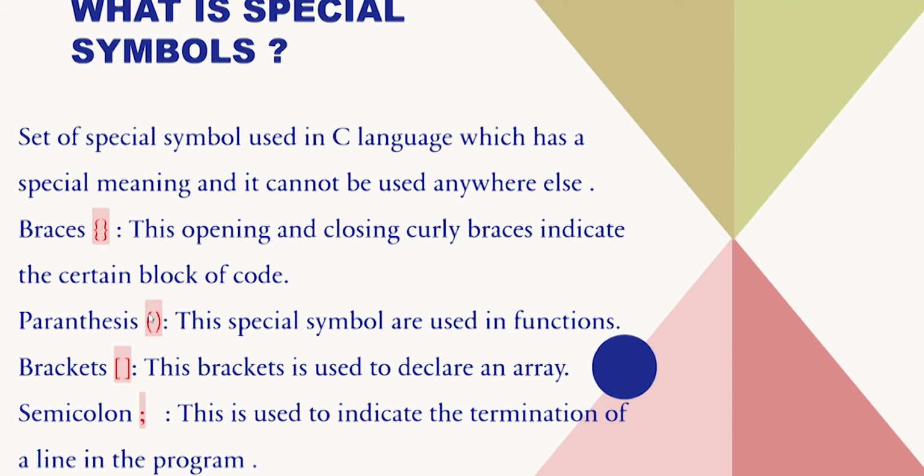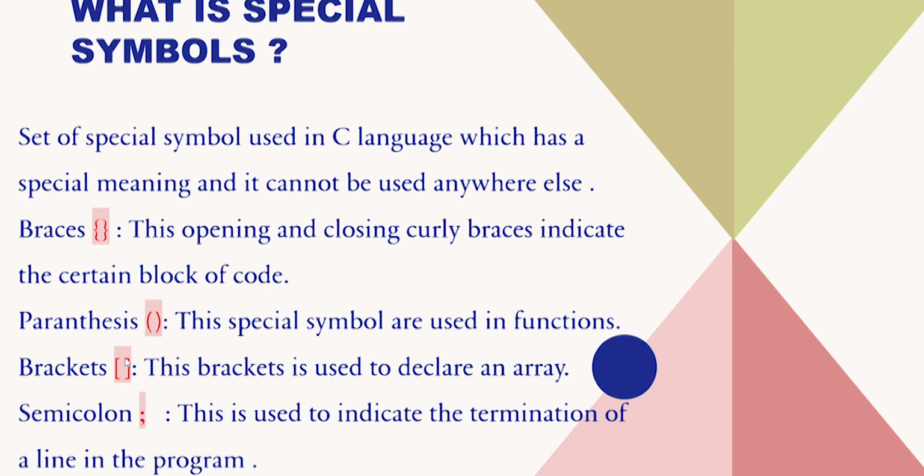Next, coming to parentheses. Parentheses are usually used in functions. In void main, which we used in the previous lecture, if you observed, we use the parentheses after main. It is used in functions.